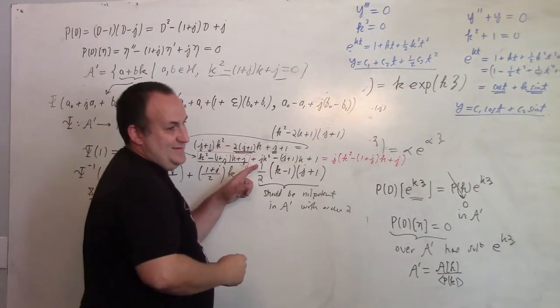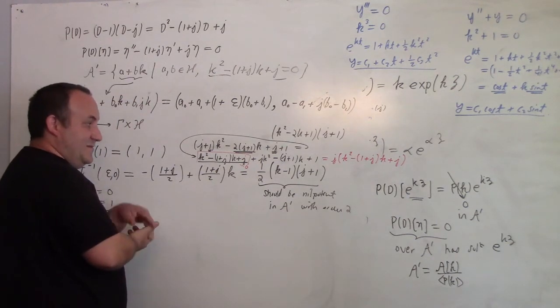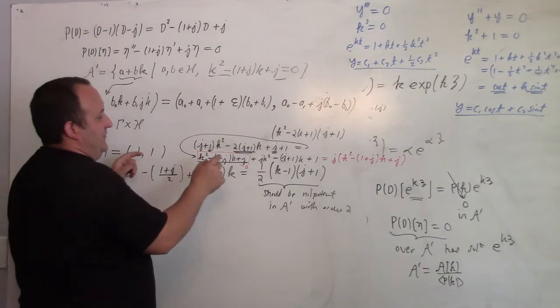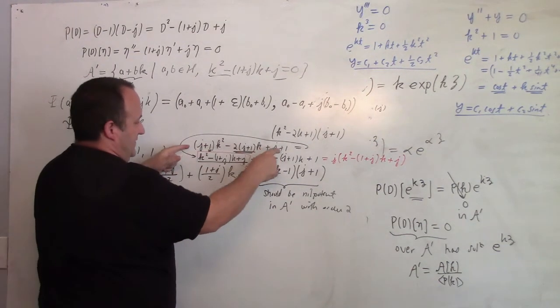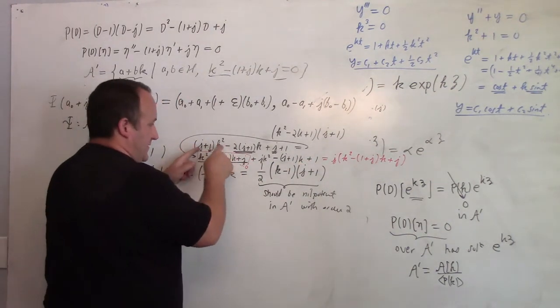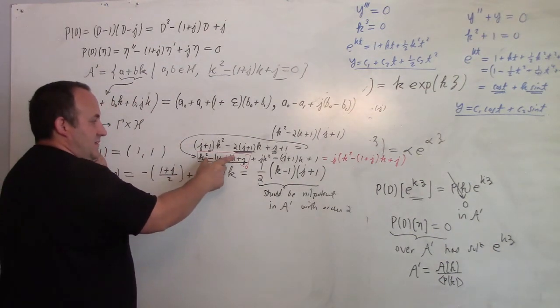So why did you distribute the k squared but not the 2k? I'm splitting this into this plus that. The reason I split it into this plus that is that this is 0.